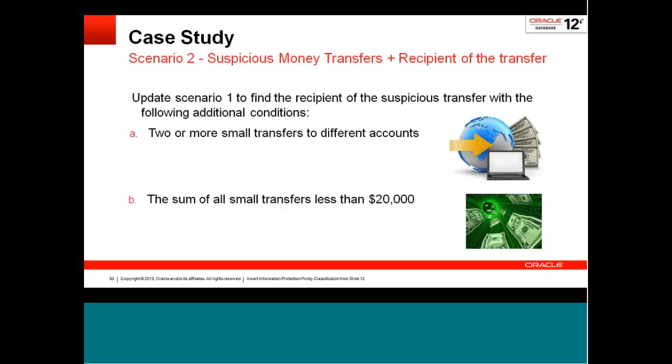So we have to update the select statement from the previous slide to make sure that within 3 or more small transfers, 2 or more small transfers should be to different accounts only, and the sum of all small transfers should be less than $20,000.